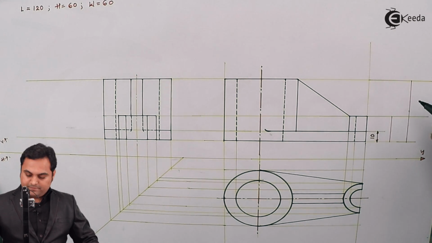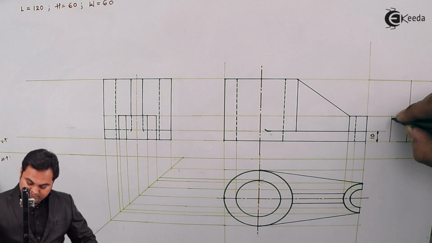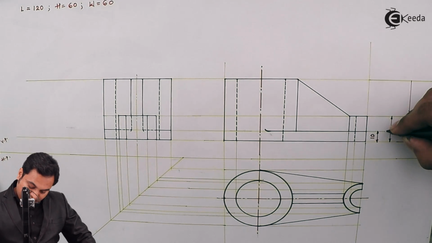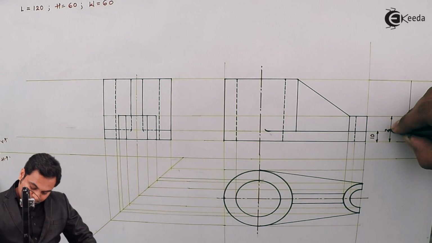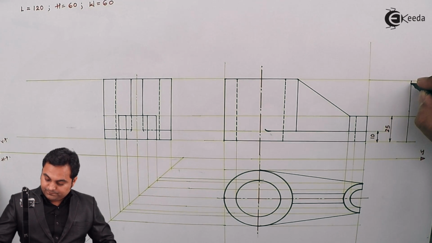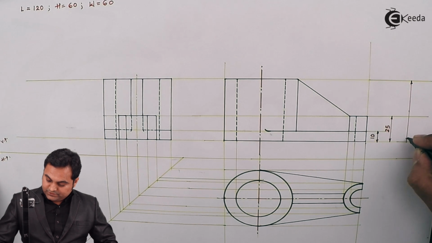This height is 10 mm. Then the semicircular block of 25 mm height. Total height 60 mm.